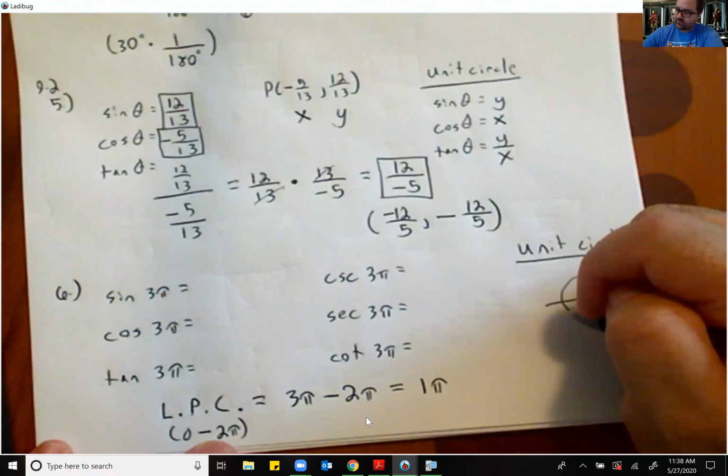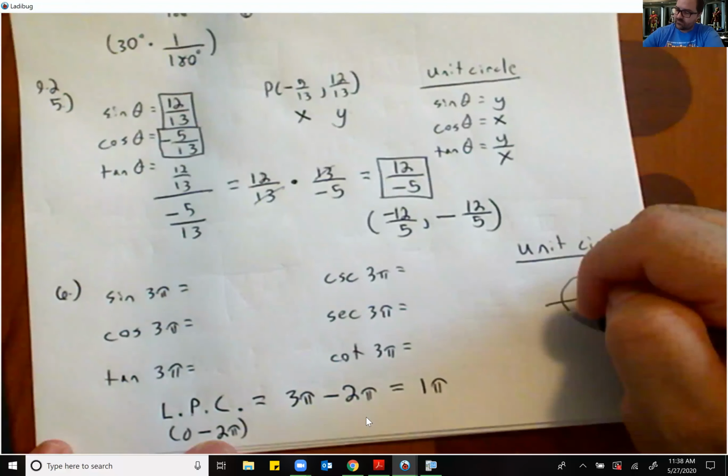So over here, if we want tangent, it's a lot like what we did back on problem number 5. We're going to take the y value, which is -12 over 13, and divide that by the x value, which is -5 over 13. Again, it's just multiplication.